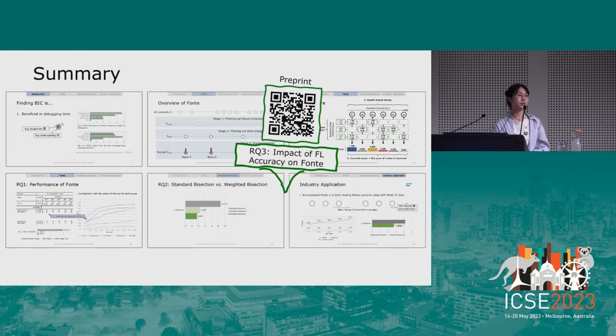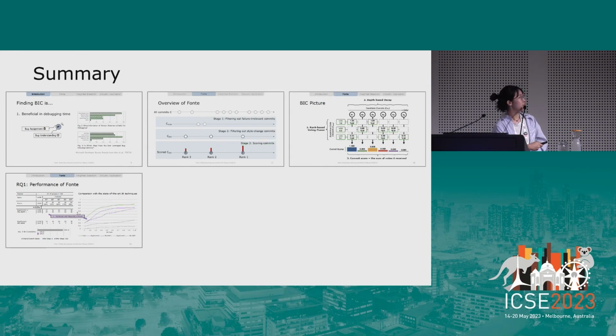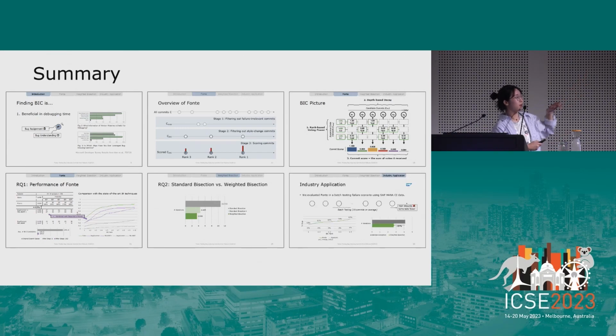Bug-inducing line of code. Like, as I first said, by finding the bug-inducing commit, you can know who introduced the bug. So it can aid the bug assignment process, and the bug-inducing commit also helps you understand why this failure happens by showing the possible buggy lines in the code.